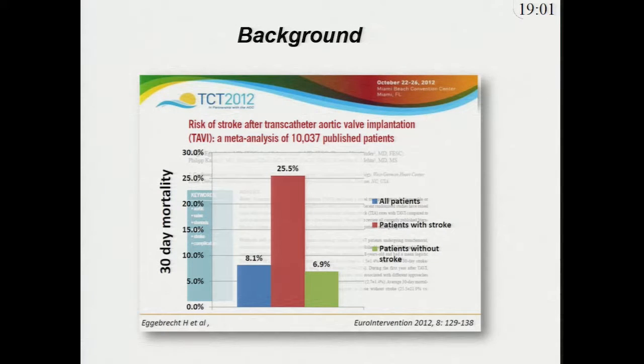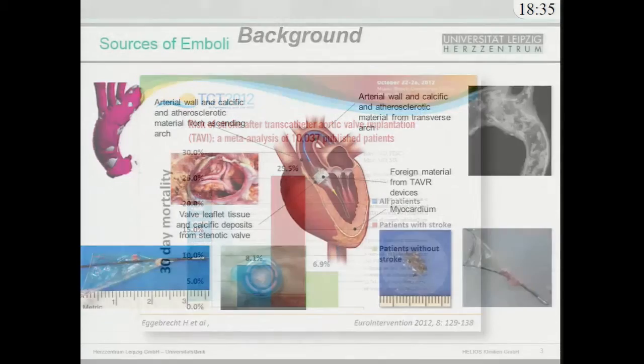In the red column, these are patients who suffered a silent or a clinically apparent stroke during the TAVR treatment. This is the 30-day mortality on the ordinate, and you can see that the mortality in patients having suffered a stroke is more than 3 to 4 times as high as in patients who do not have a stroke.